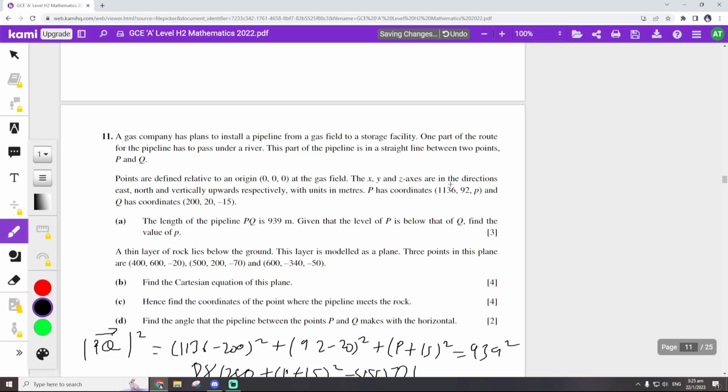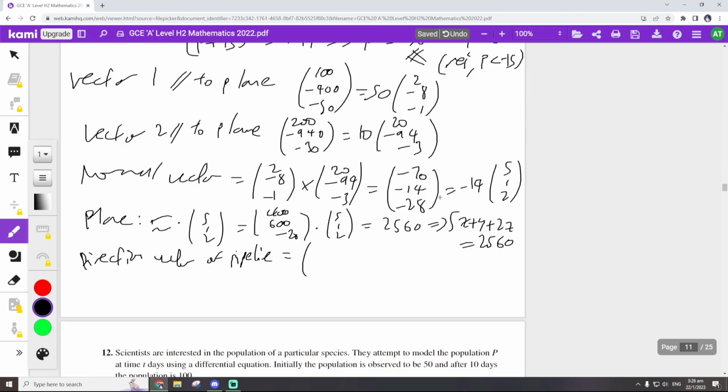Let's go P to Q. Minus 936, I think minus 72 and 21, right? Okay, which is 3 times negative 312, 24, negative 24 and 7.